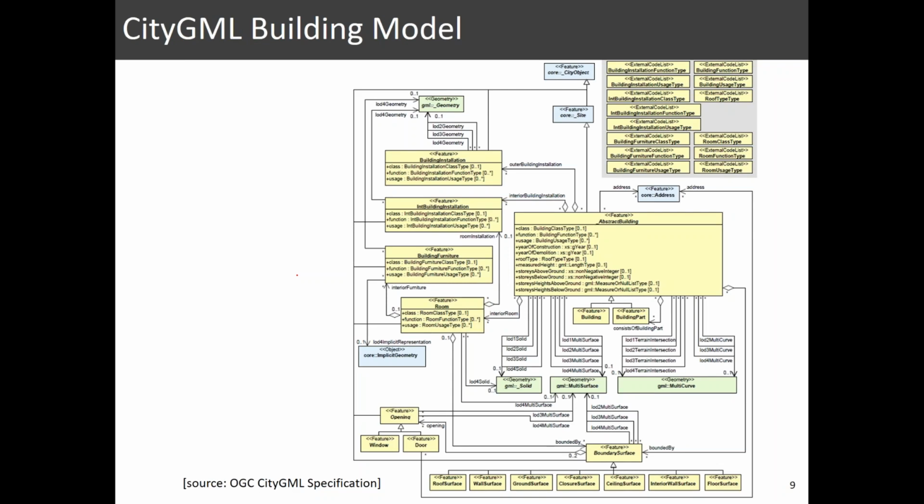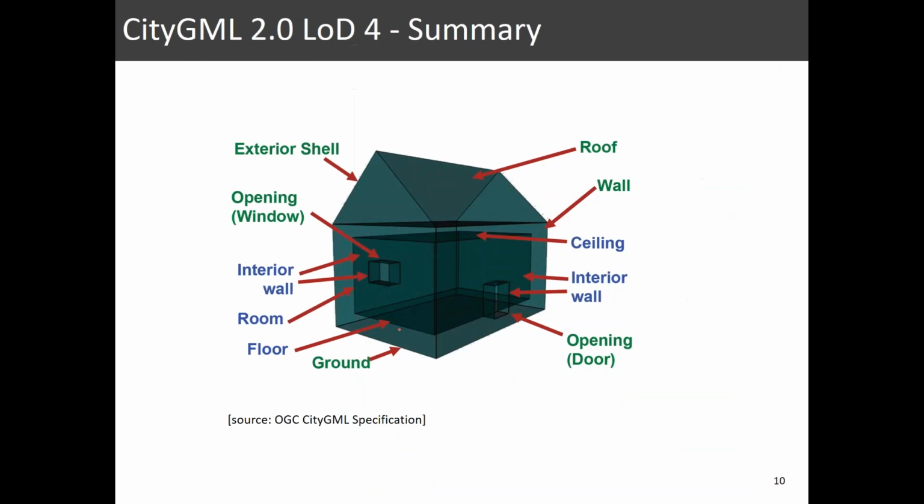But in this full diagram of UML, you may see the predefined attributes for each feature type. For example, for abstract class, you have several attributes, and for room, you have attributes class, function, and usage. Now, of course, if you need, you may add some other attribute type for your application. This is a very brief sketch of CityGML indoor spatial data model.